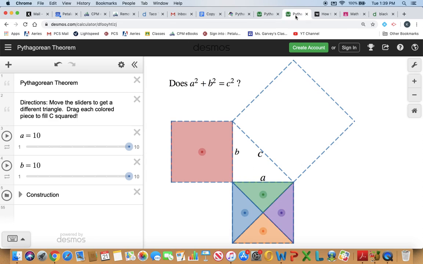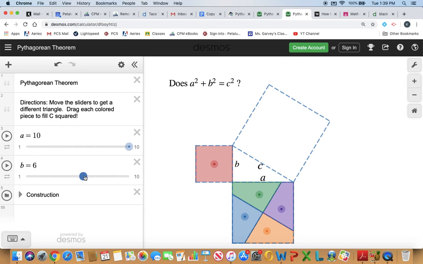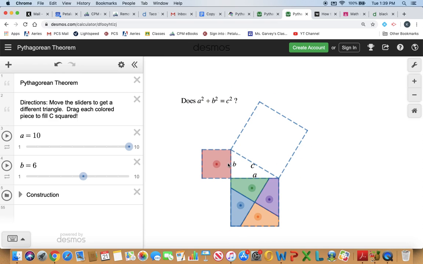Even if we change around the size of the triangle, so let's say we shorten one of the sides so that we've got B is the shortest side, A is the next shortest side, and then C is the longest side. So let's see if this works. We'll take this, pop it in, and start popping in these pieces.